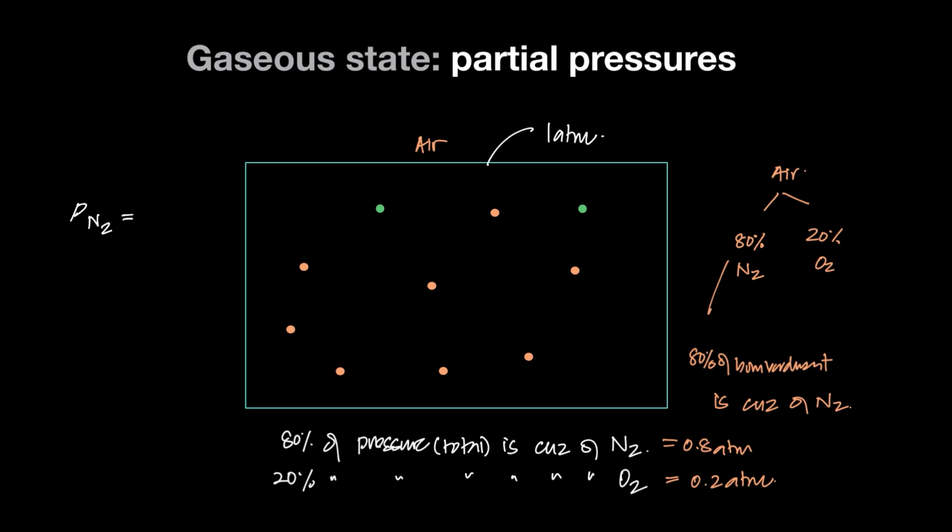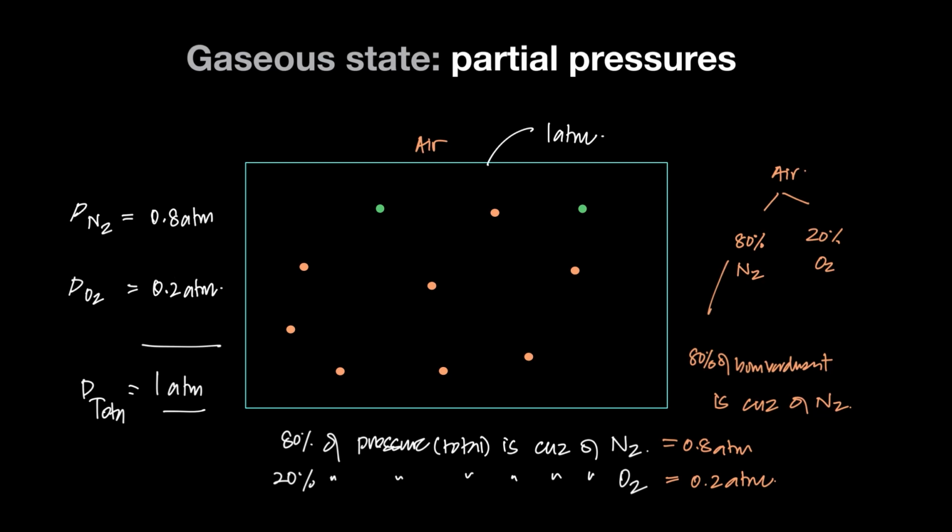So instead of saying all of this, we will say that in the current room whose total pressure is 1 atmosphere, the partial pressure of nitrogen in that room is 0.8 atmospheres, and the partial pressure of oxygen in the room is 0.2 atmospheres. That's what it means. And the sum of these two partial pressures is the total pressure, P total.